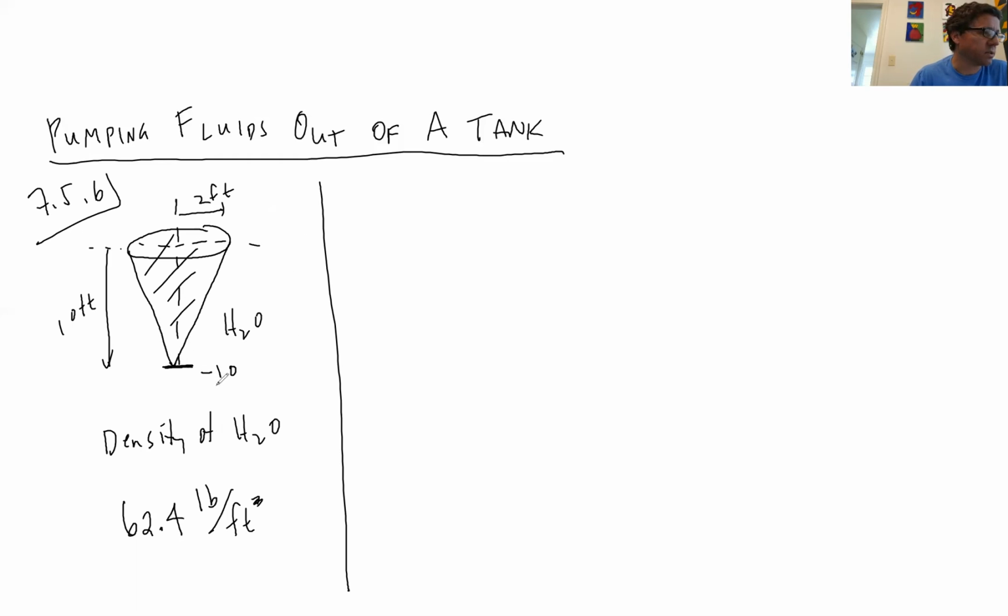But the idea is we need to move each little strip here. It's not going to be like a strip anymore. If we had our little Riemann, this is going to be more like a disc here. So I need to move that disc up a certain amount. How do we do that? Well, every little disk here, you're going to have to move that volume to the top of the tank.